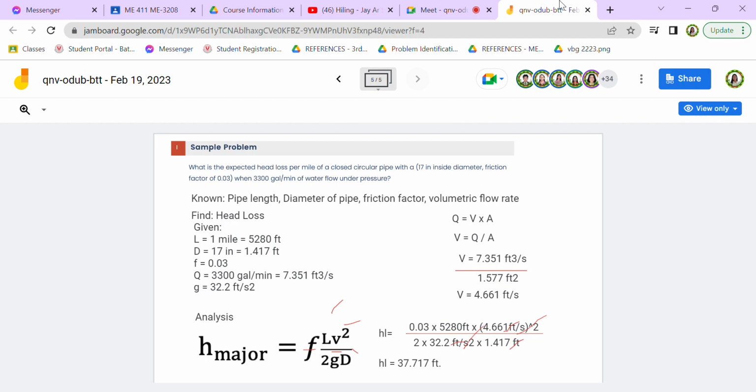So that's correct. The problem asked for the head loss per mile of a closed circular pipe with a diameter of 17 inches and a volumetric flow rate of 3,300 gallons per minute, and using the Darcy-Weisbach equation it will be 37.717 feet.